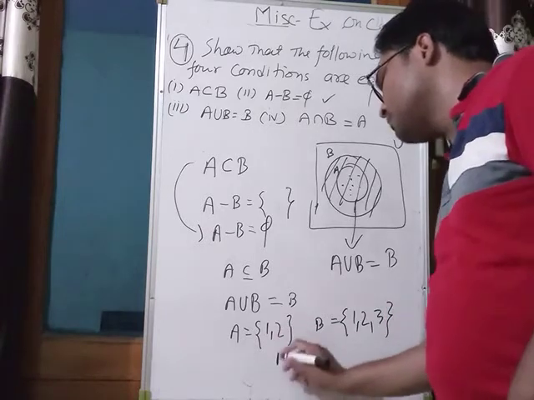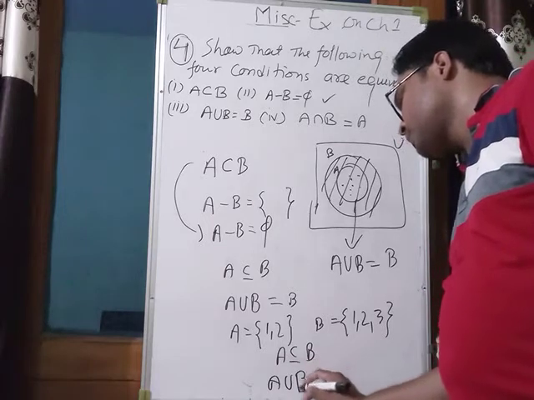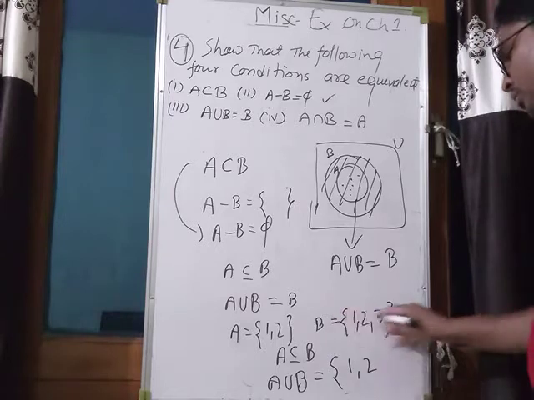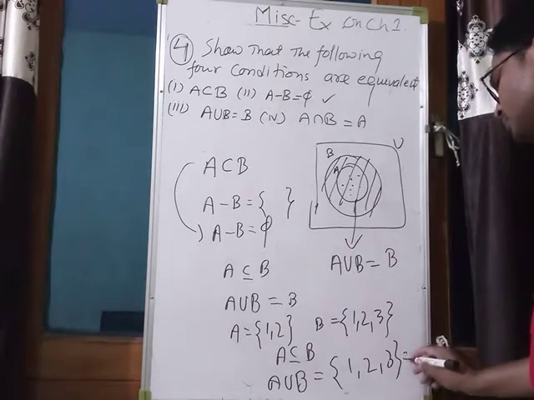Clearly A is a subset of B. Then what will be A union B? That is the elements of A or B: 1, 2, 3. Clearly that is equal to B.